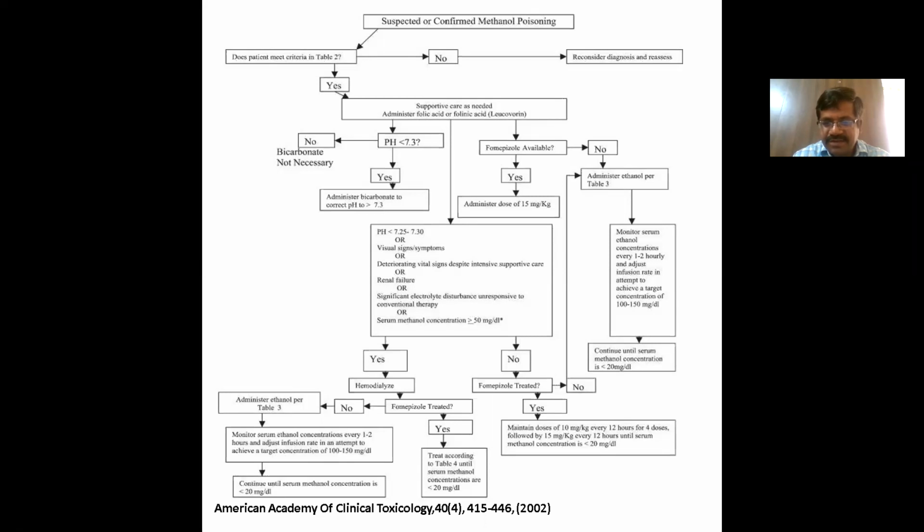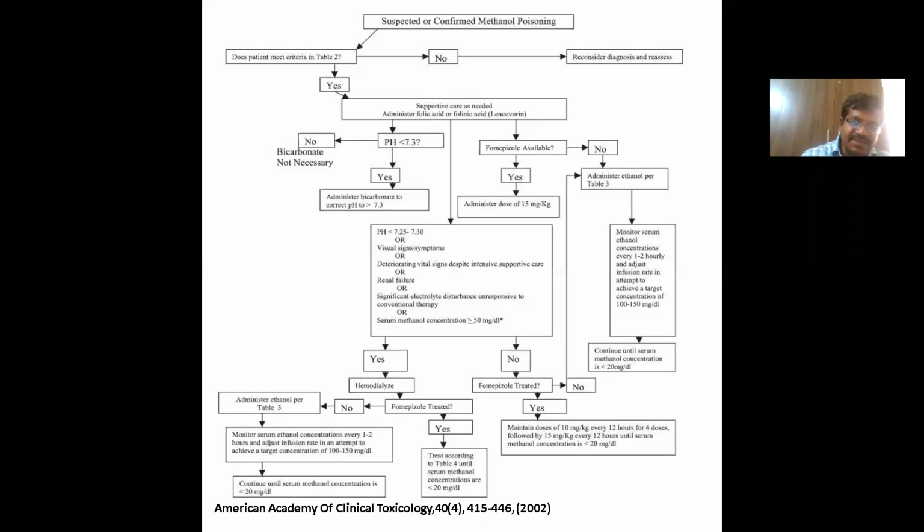If no, then again administer ethanol, with a loading dose over 1 to 2 hours, and adjust the infusion rate to achieve a target of 100 to 150 mg per dl. Then continue until serum methanol concentration is less than 20 mg per dl. That's the target for methanol to be out of the danger zone.